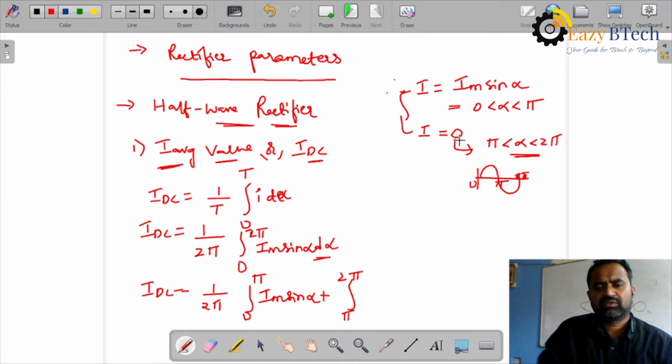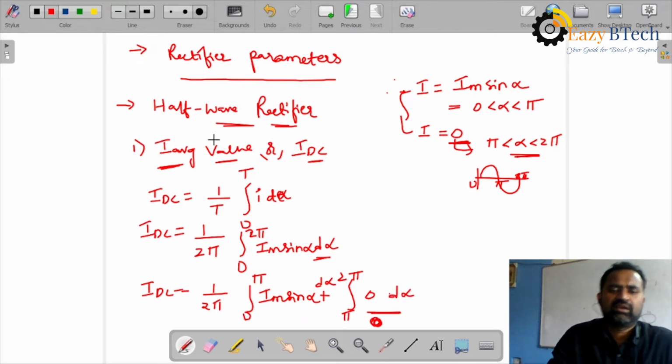In the pi to 2 pi interval the current is 0, so this term is 0. To find the average value, the formula is IDC is equal to 1 by 2 pi integral 0 to 2 pi of Im sin alpha d alpha, and by substituting the current equation for a half-wave rectifier, you get this expression.